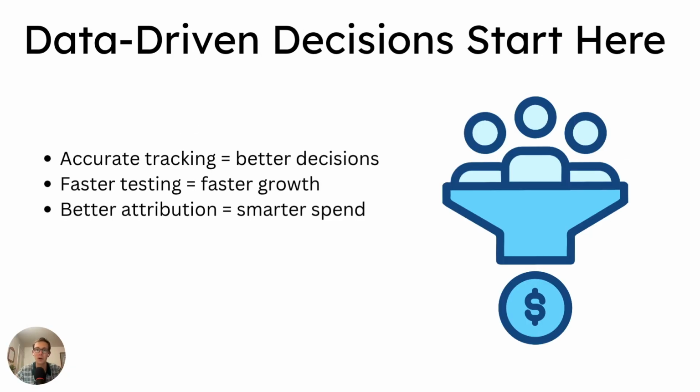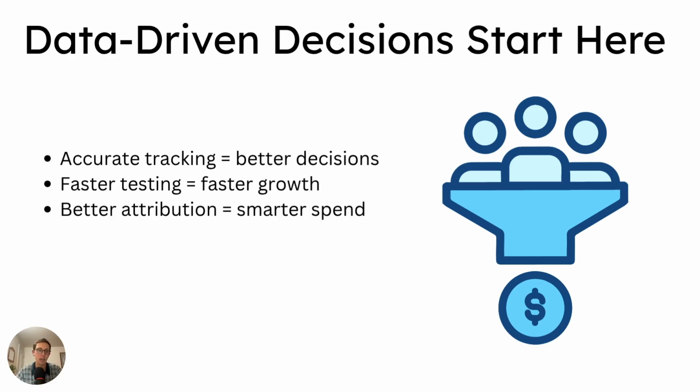So with that, I want to start with data-driven decisions. Here at Dataspace Digital, we believe in data as the foundation, and that accurate tracking leads to better decisions. And without testing things, we need to be able to see our changes ahead of time.